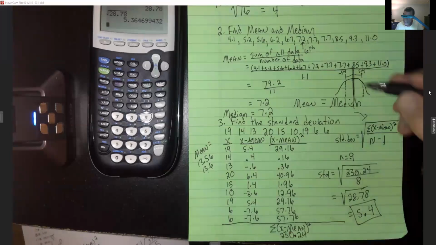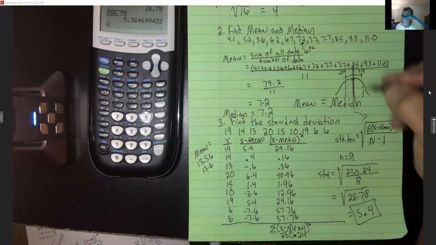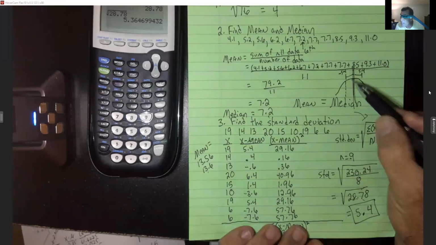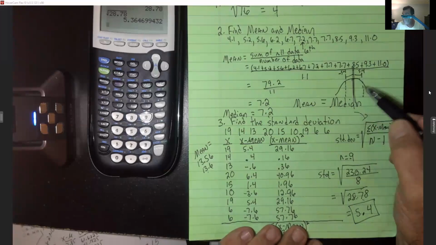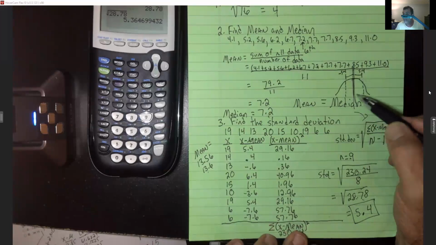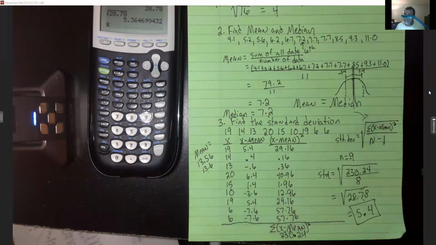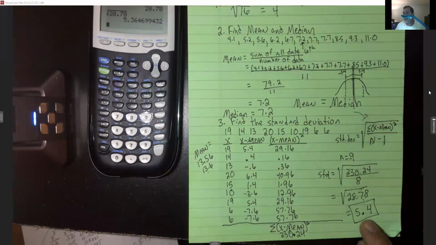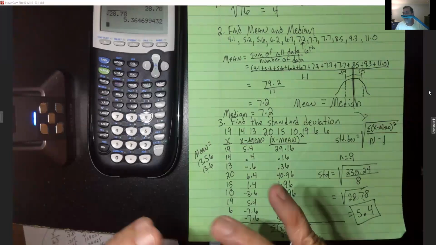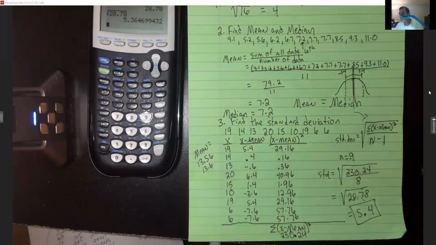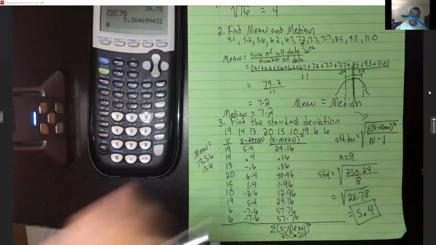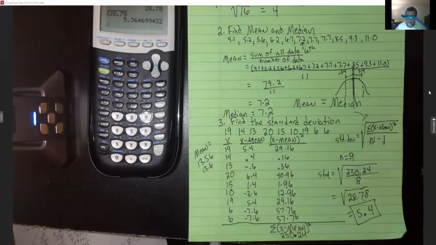So that means a lot of our data is really tight together, and we could say overall 68%, I believe, of our data is within this one standard deviation, okay? So that's all this means. It just tells us on average how far is our data off from that mean. It could be a positive 5.4 or a negative 5.4 if you're going in the other direction.